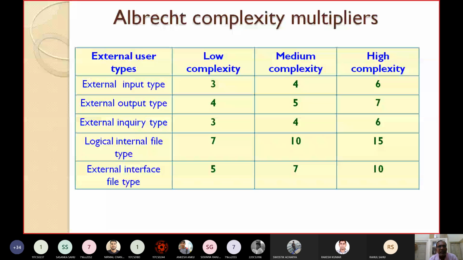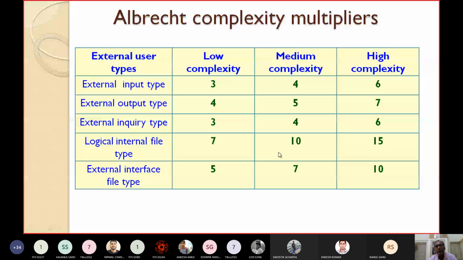These numbers you have to count: how many external input types, how many output types, how many inquiries, how many internal files, how many interfaces. Then they have to be multiplied with the weights. Say there are 3 inputs, 3 into 4, plus 4 outputs, 4 into 5, plus 7 inquiries, 7 into 4, plus 2 internal files, 2 into 7, plus 3 interfaces, 3 into 7. Like that, you will get the total function points, or the estimation of the function point.